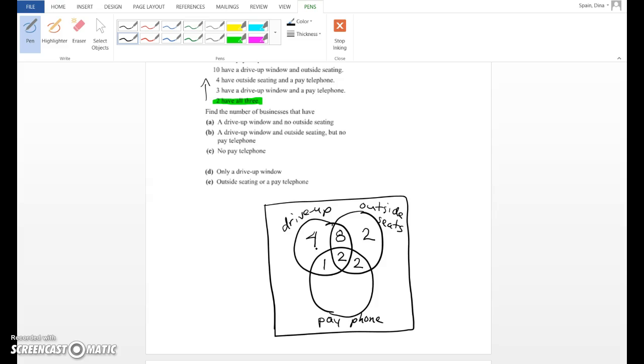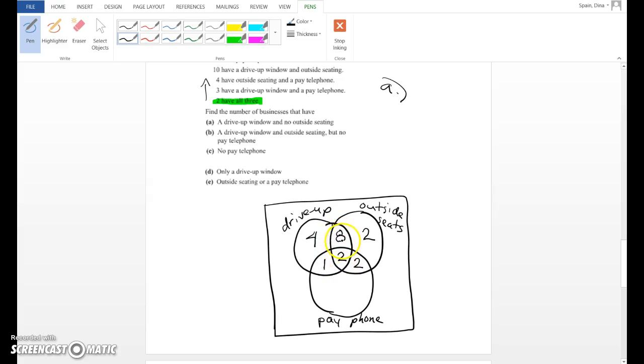So what we need to do now, it says, find the number of businesses that have Part A, a drive-up window and no outside seating. A drive-up window, that means all of these, that was 15 in here. A drive-up window and no outside seating.